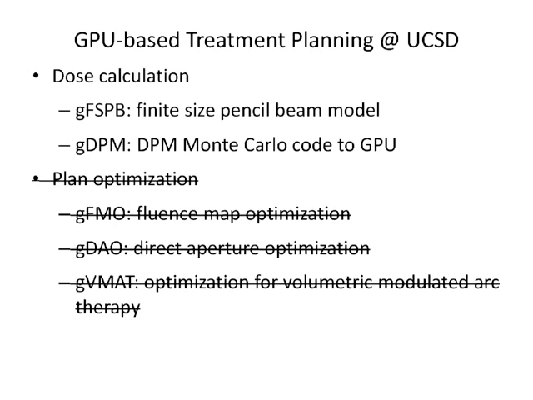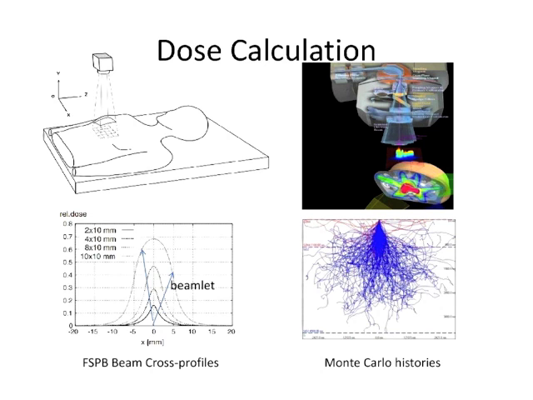And then we have to calculate the dose on the patient. There are two ways of calculating the dose. One is the pencil beam way. You make the cross profile of each beam. The beam is shooting down onto the patient this way. It will be 10 by 10 or 100 by 100 beams here.